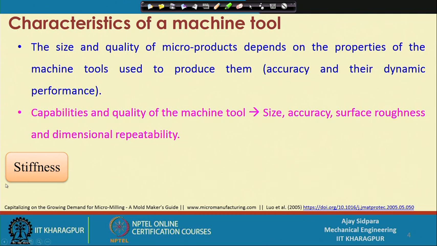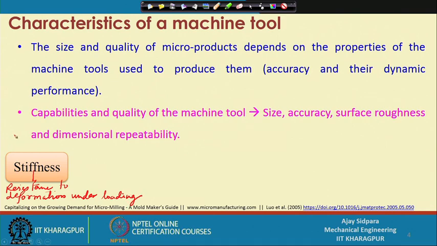So, what things are important? First thing important is stiffness. Stiffness means resistance to deformation under loading.